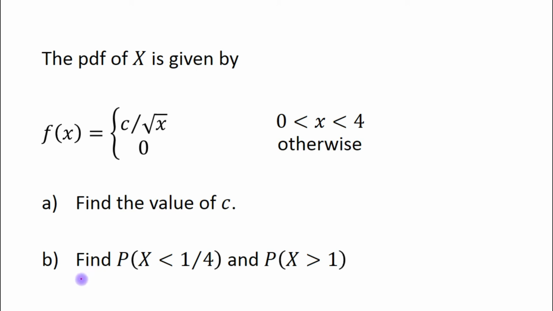B part: find the probability of X less than 1 by 4 and the probability of X greater than 1. So the probability of X less than 1 by 4 will be equal to the integration from 0 to 1 by 4 of c upon root x dx.